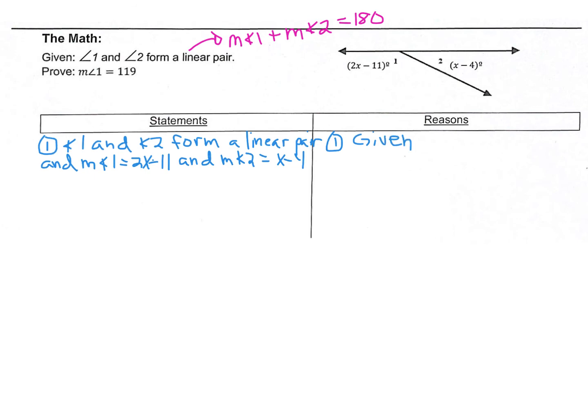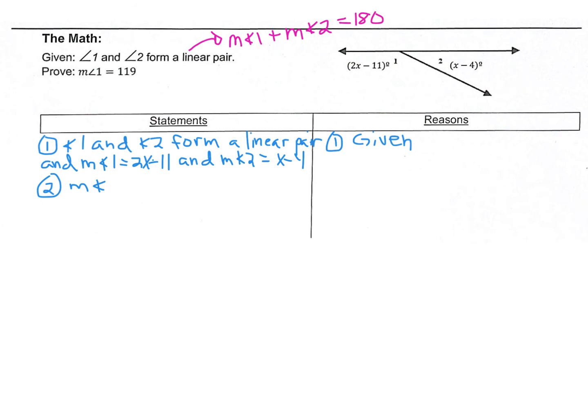All right, so then from there, remember from here, we have a linear pair. We want to go to this conclusion. So that's our second statement, is that the measure of angle 1 plus the measure of angle 2 adds up to 180. We can't go on this statement, 2x minus 11 plus x minus 4 equals 180, because we haven't stated this yet. The conclusion to they form a linear pair is not that these add up to 180, it's that the measure of angle 1 plus the measure of angle 2 adds up to 180.